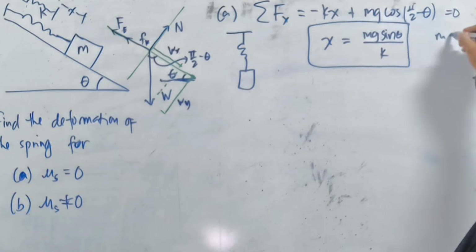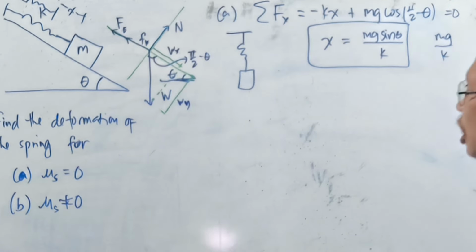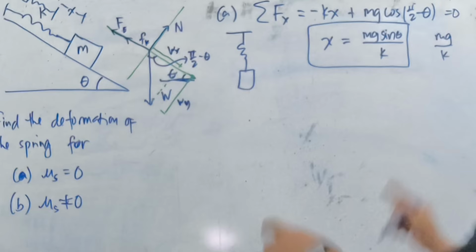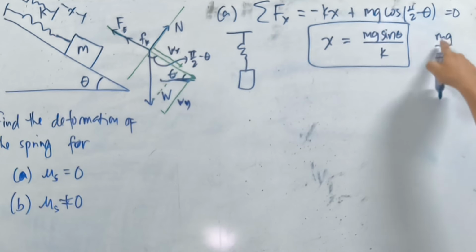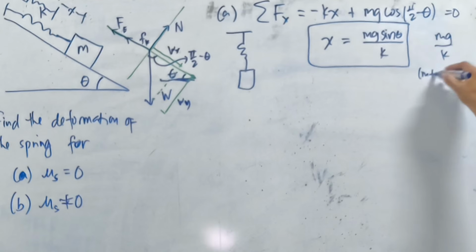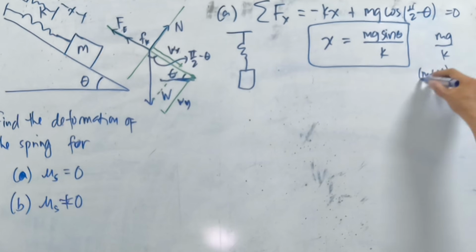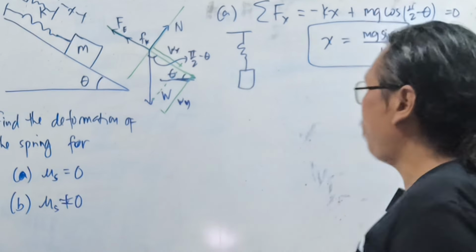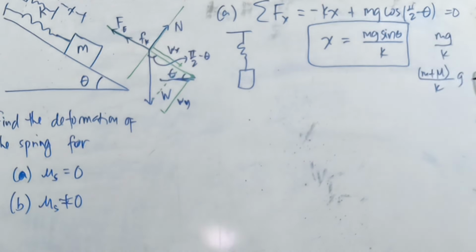So we get mg over k, which is just when you hang a mass m. We obtained this in the first example, only that our m was replaced by m plus M, because there our total mass was small m plus capital M. In this case, we only have the small m. So that is the first case.